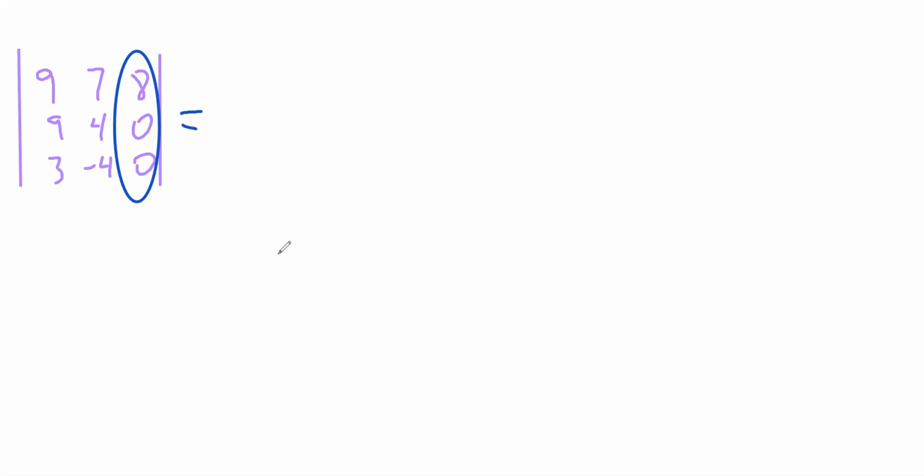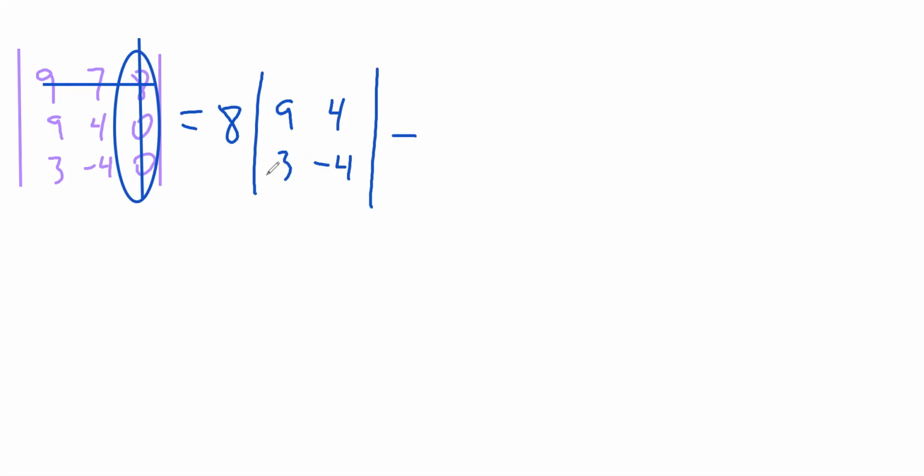Now I'm going to write it out fully, but there's going to be some zeros in there that's going to make my life easier. So first I got to pick 8, and then for a half second I fake delete the row and column the 8 was in. So it's going to be 8 times the determinant of what's left over there, 9, 4, 3, negative 4.